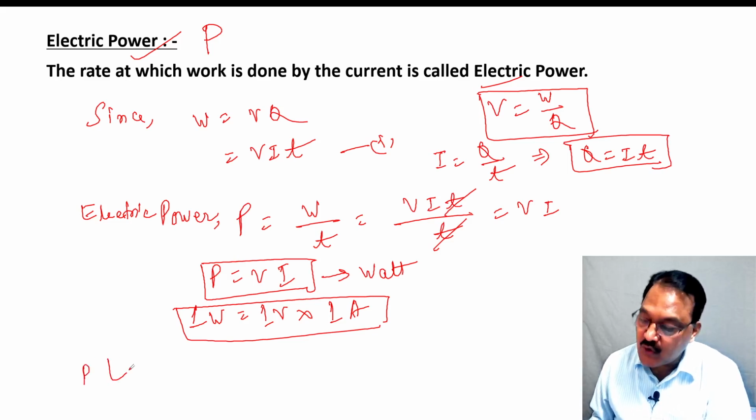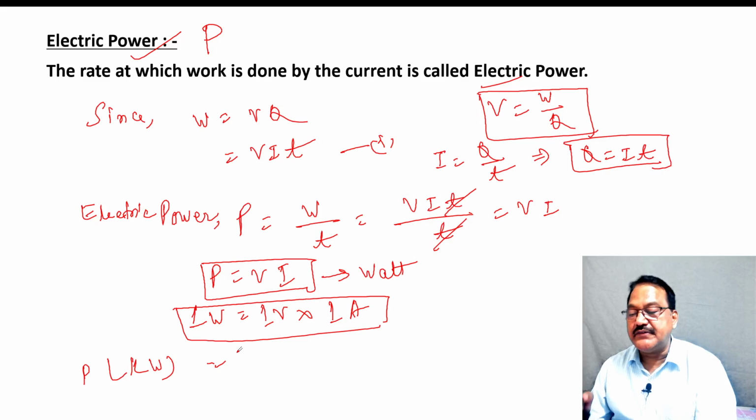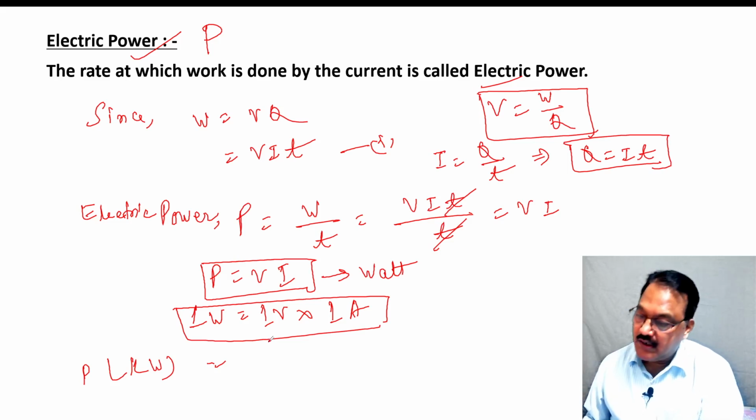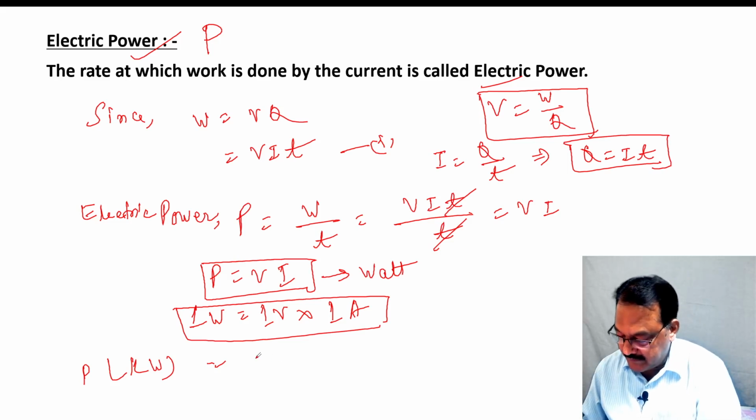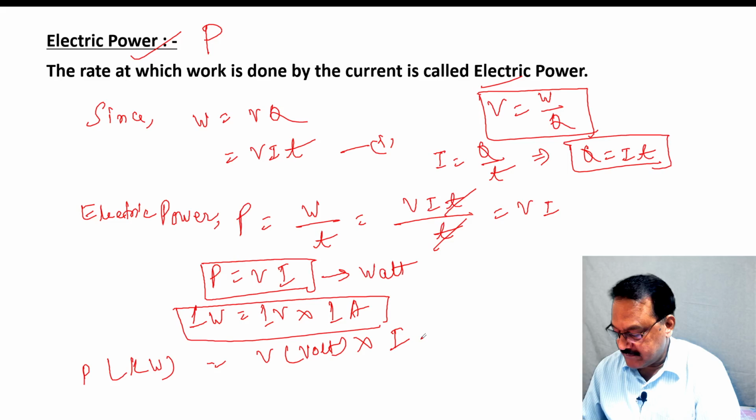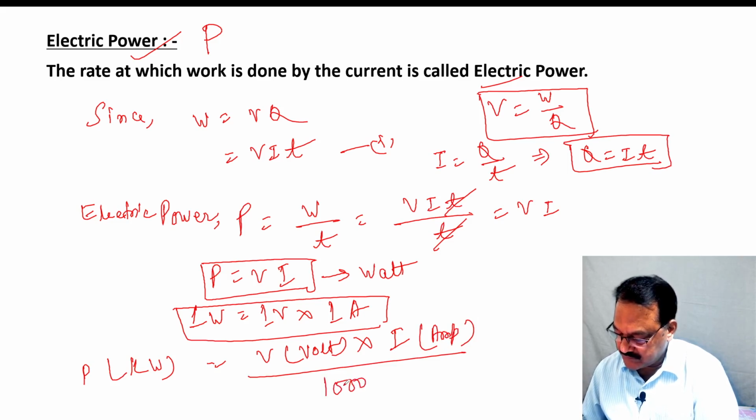Power in kilowatt, we can say, we have to take V in terms of volt, then we will take this current I in ampere, and just divide by 1000. It means it will be converted into kilowatt.